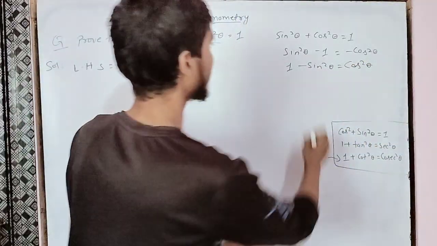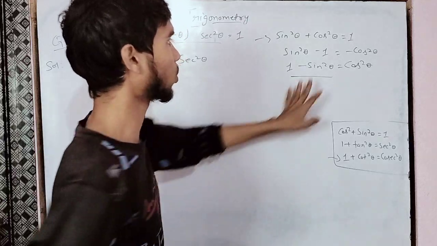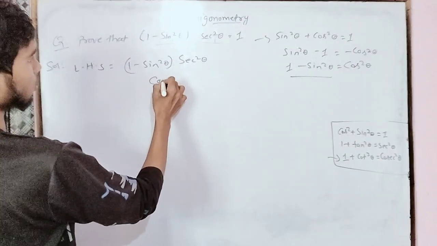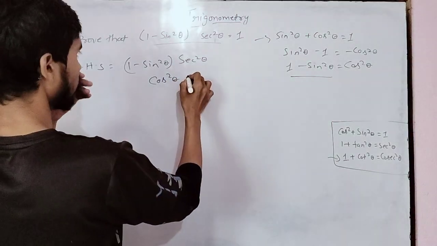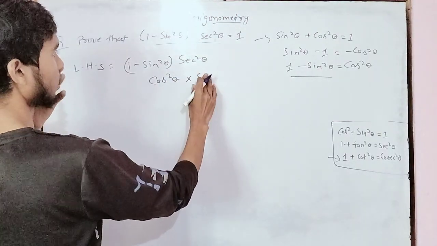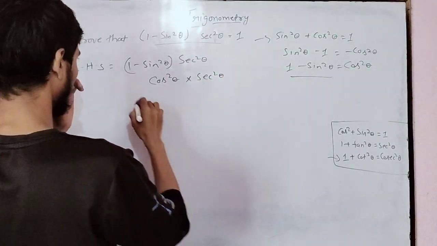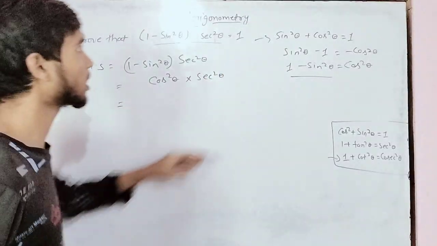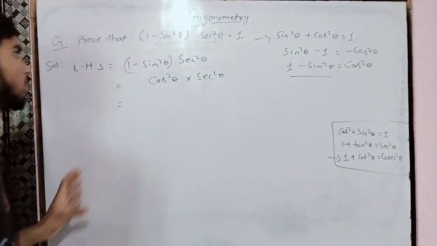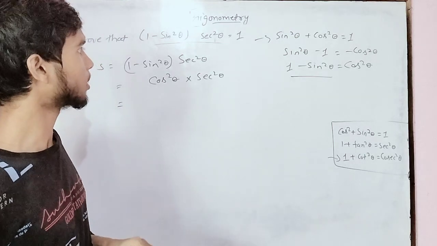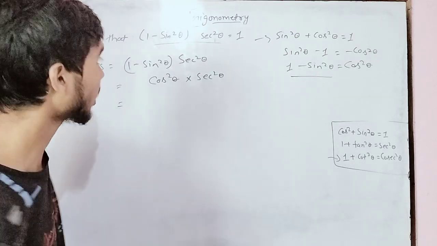So easily you can see from this we got this equal to this. So can you say cos square theta, okay, multiplied by sec square theta. Clear? We will bring this much 1. Look at this. So here what is happening?